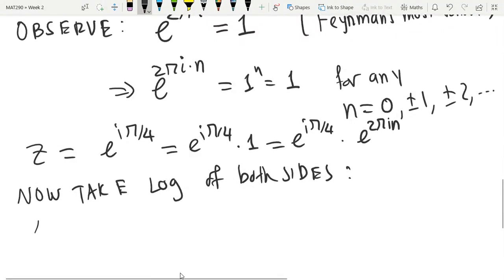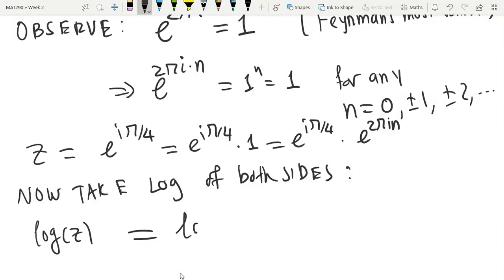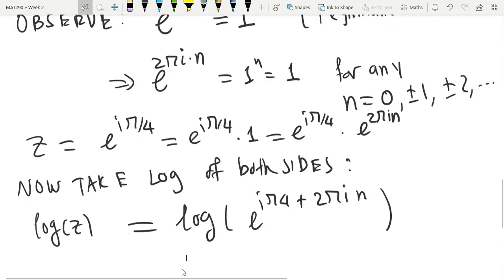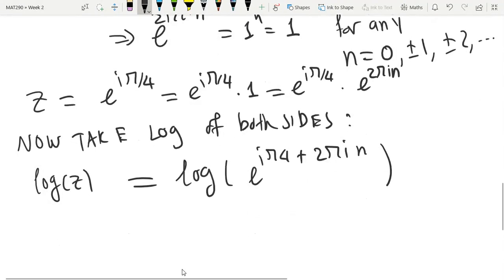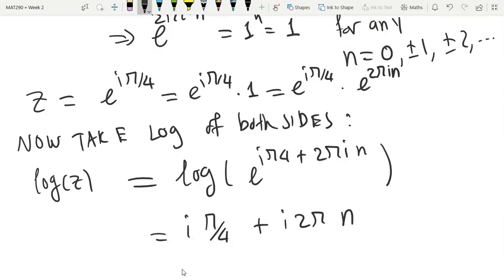Well, you get log of z equal to log of e to the i pi over 4 plus 2 pi i n. So as we did above, this becomes i pi over 4 plus i 2 pi n.